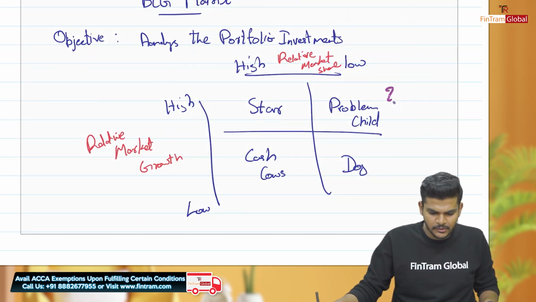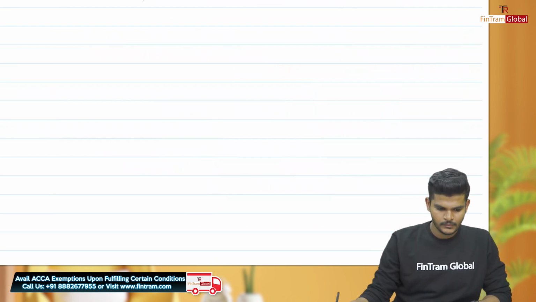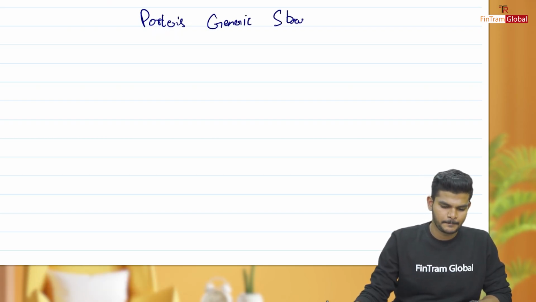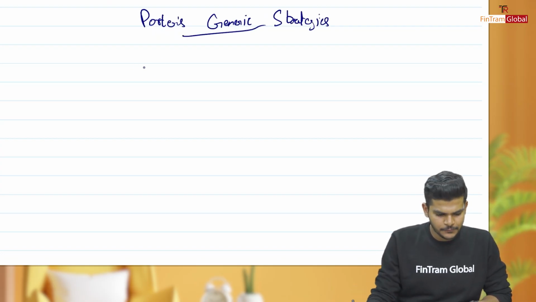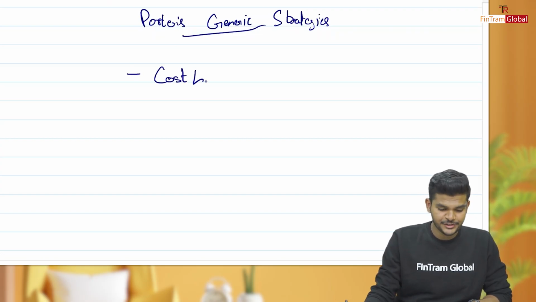Throughout our sessions, we also looked at another strategy, right? What was that? We also looked at Porter's generic strategies as well, isn't it? What were Porter's generic strategies exactly? First of all, there was cost leadership.